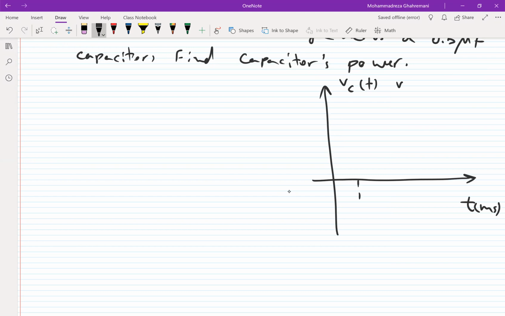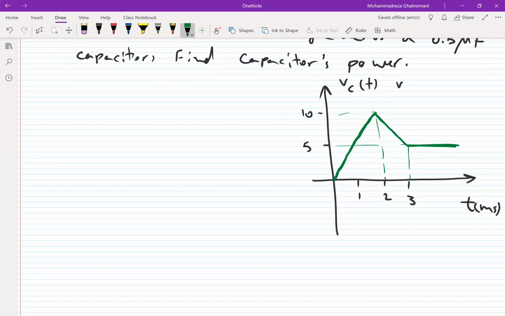We have 1, 2, 3 on the horizontal axis, and 5, 10 on the vertical axis. So this curve is the voltage of this capacitor.